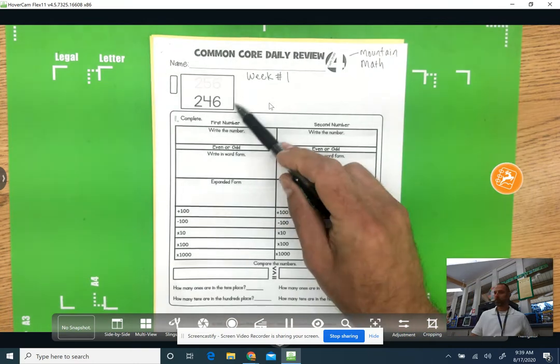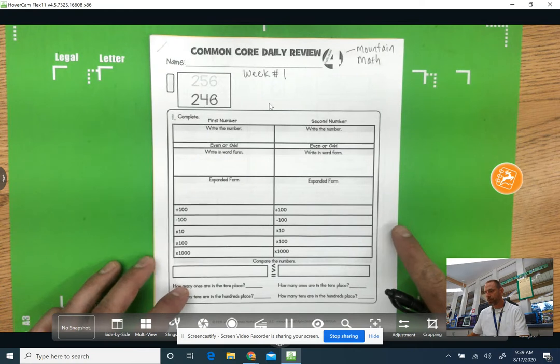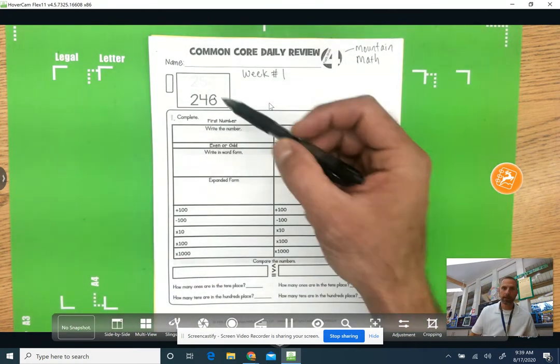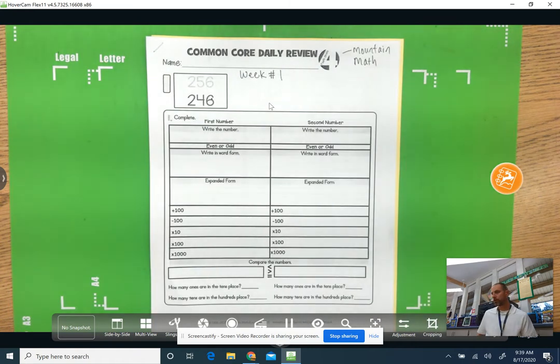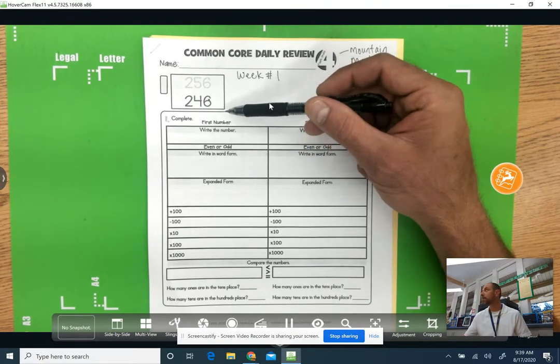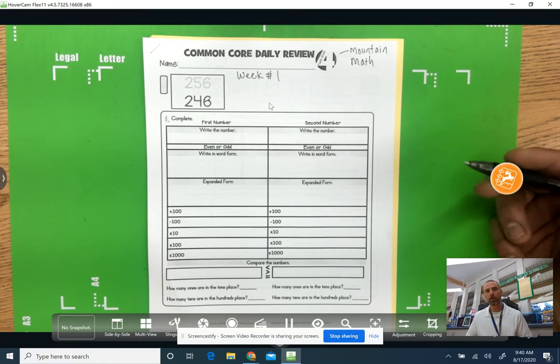And we're going to be doing problem number 1 today. Each worksheet that you get for Mountain Math or our Common Core Daily Review is going to have the numbers that you need to solve the problem. In this case, we have the numbers 256 and 246 for number 1.